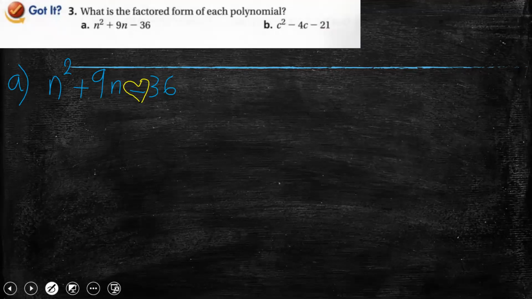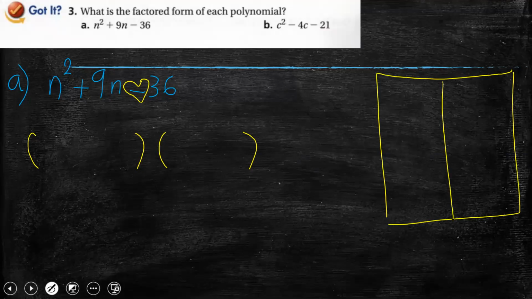Negative. So they are different. I will write the table here with the factors of negative 36 and the summation of factors.